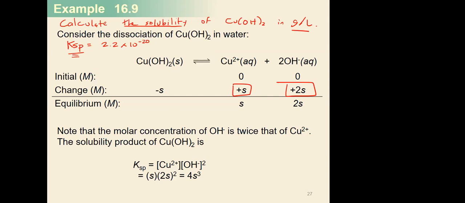So Ksp is copper 2 plus times hydroxide squared. Replacing with the expression, S times 2S squared equals 4S cubed. And we know the Ksp to be 2.2 times 10 to the negative 20.